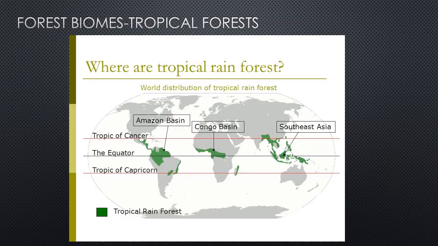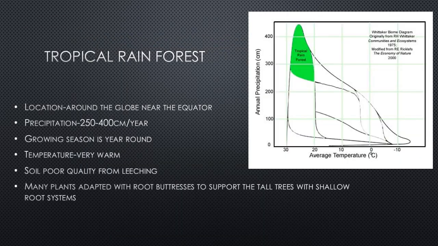Okay, so now we're going to move on to our tropical rainforests. And just as you might guess, our tropical rainforests occur closest to the equator, north and south of it, of course. So all along this region is where we're going to find our tropical rainforests. Our precipitation, again, is large.